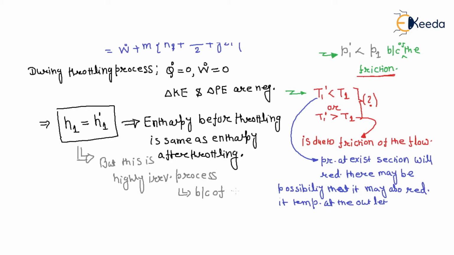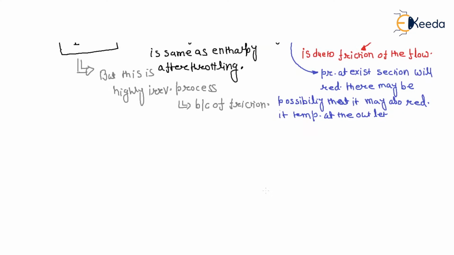Throttling is an irreversible process. Now if we have done an experiment like that, why? Because the enthalpy, as we know, is a function of P and T.